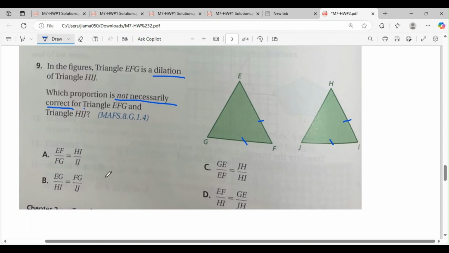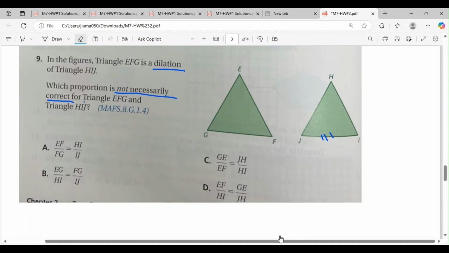Let's check B. EG divided by HI. EG is right here, HI is right here, and FG here, IJ here.